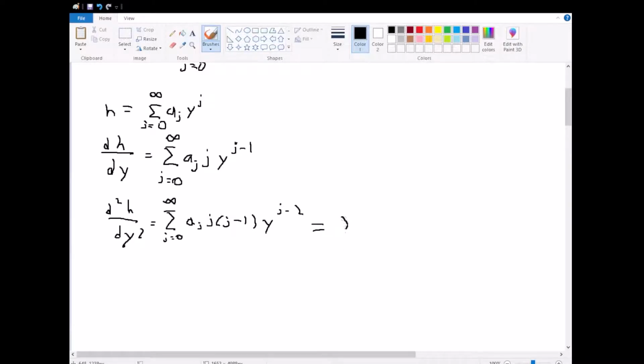This is going to equal 2 a2 plus 2 times 3 a3 times y plus 3 times 4 a4 y squared, and so on and so on and so on.